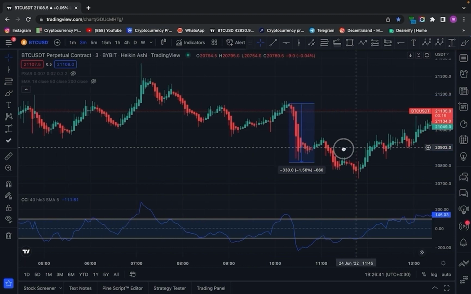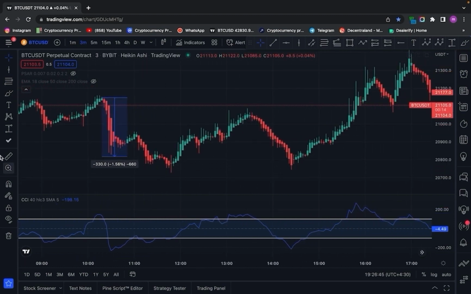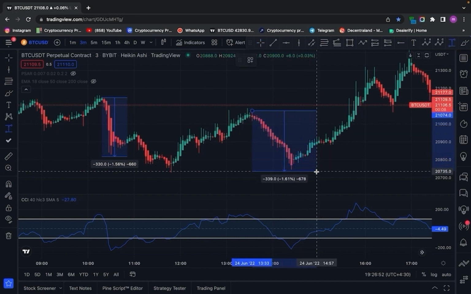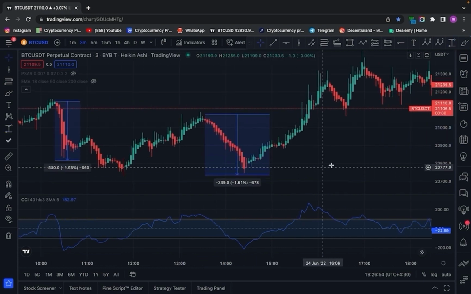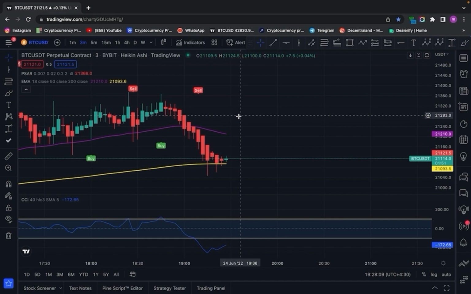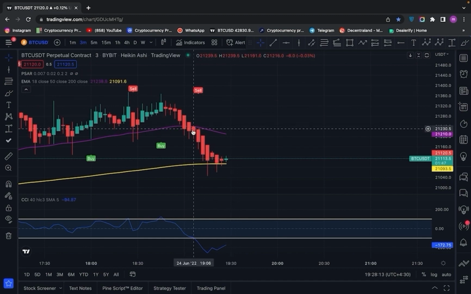By combining this indicator with two previous indicators, we can have a high win rate strategy and make the errors of these indicators zero. And we have the highest profit with just combining these two strategies. So now we are on live market, and as you can see, the parabolic indicator gives us a sell signal.